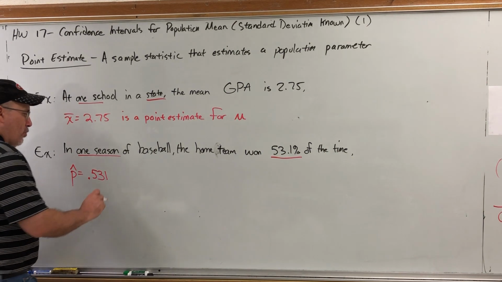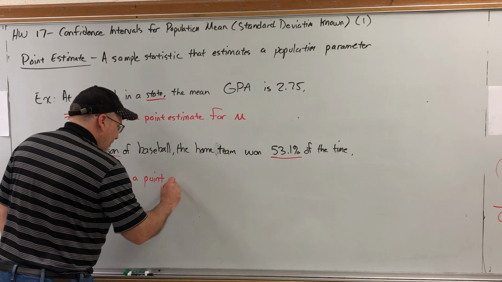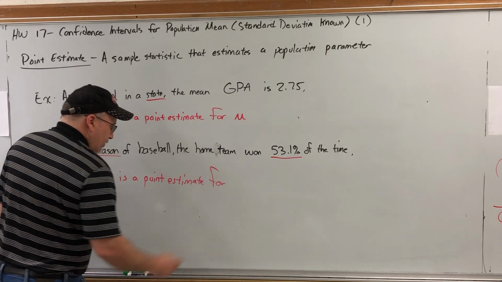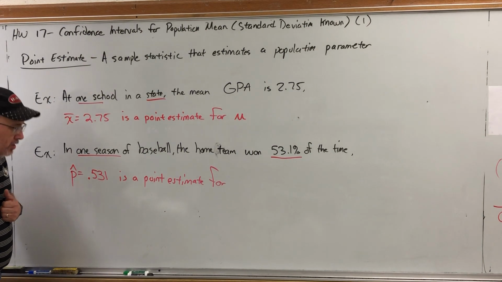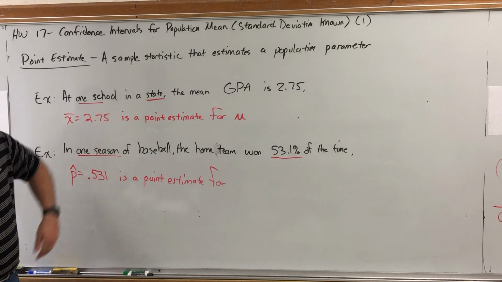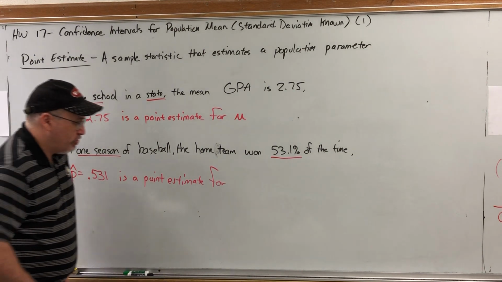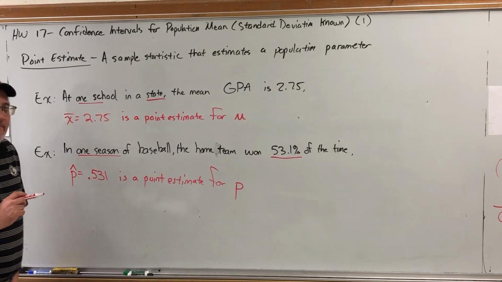So p hat equals 0.531 is a point estimate for what? Well, p hat is a sample proportion, so the population parameter, the population version of it, would be population proportion. So it would be a point estimate for p.